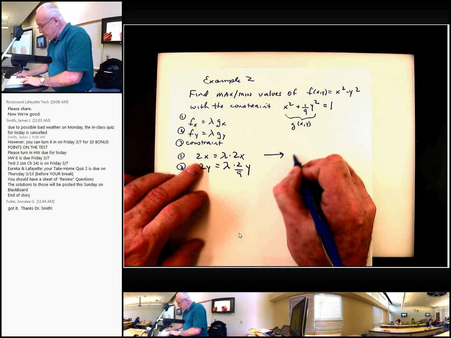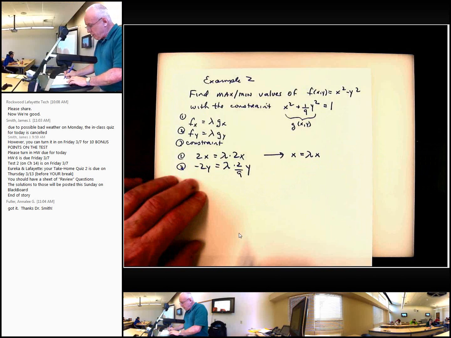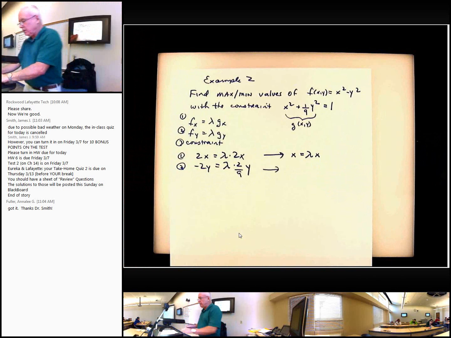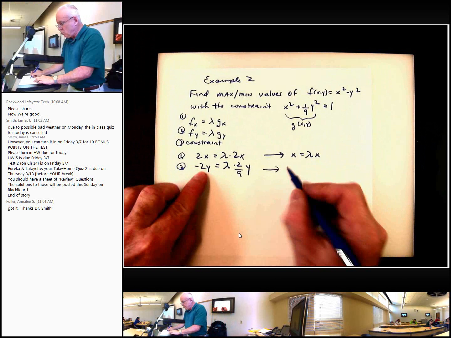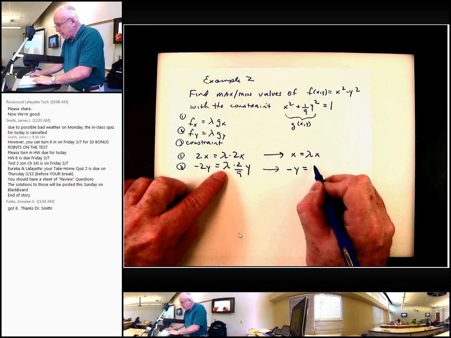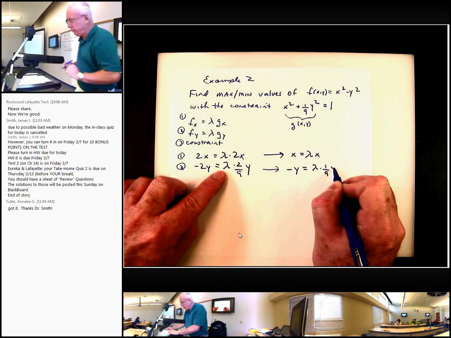So we have x equals lambda times x. And we also have a pair of 2's here. Why don't I just get rid of them? So this is minus y equals lambda times 1/9 y.